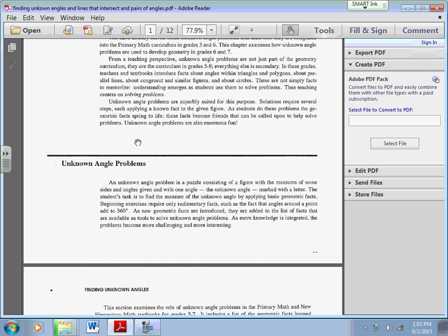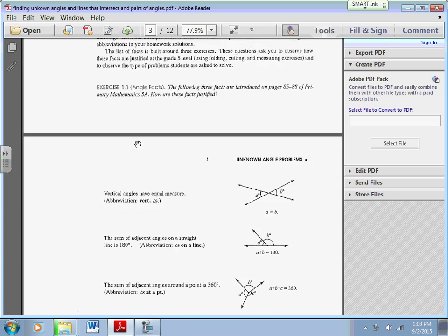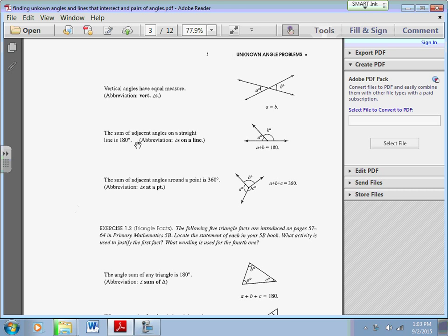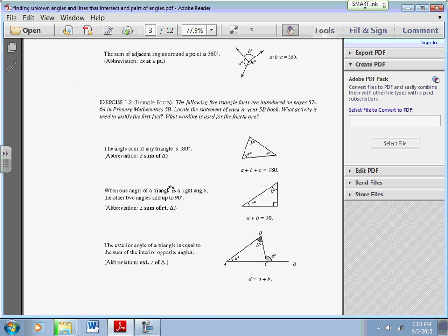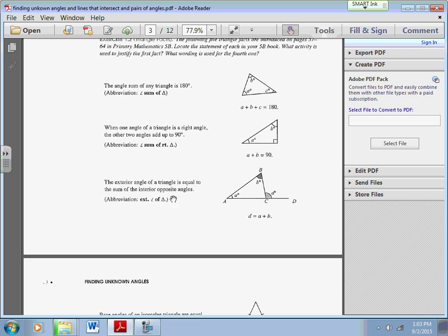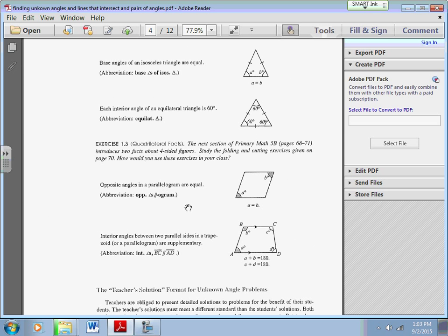Make sure you take a look at all of the information, especially when we get to this page where it's talking about vertical angles, the sum of adjacent angles, the sum of adjacent angles around a point, triangle sum theorem, right triangles, exterior angles of a triangle, isosceles, equilateral, parallelogram, and trapezoids.